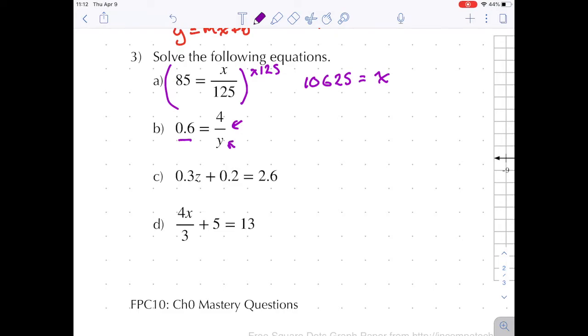In this situation, we can rearrange this equation to get y is equal to 4 divided by 0.6. We just swap these two numbers. It works out that way. So now we do 4 divided by 0.6, and we are going to get 6 2/3, or 6.7.